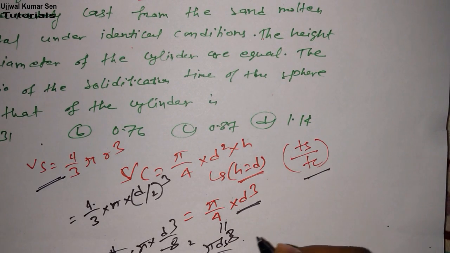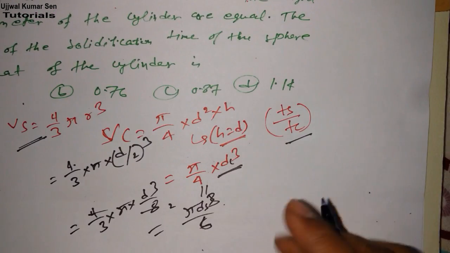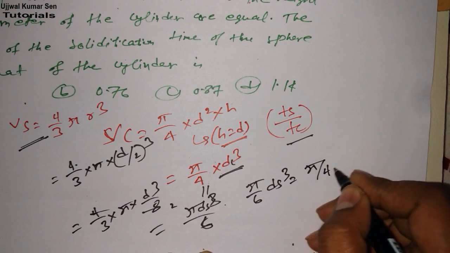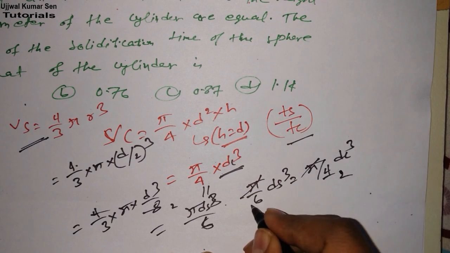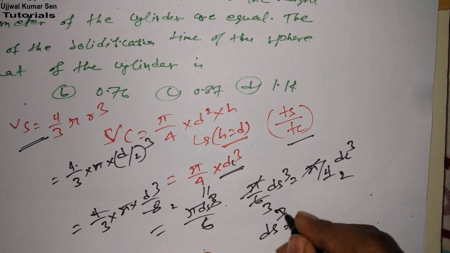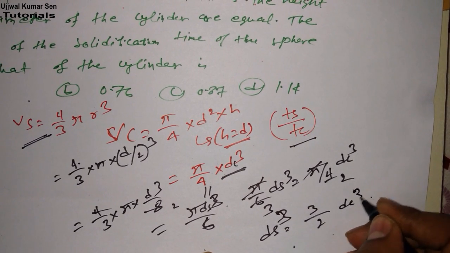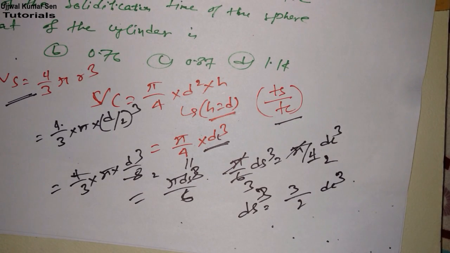Now this d is for sphere, this d is for cylinder, that we have to denote. So we can write pi by 6 ds cube is equal to pi by 4 dc cube. Pi gets cancelled, 2 2 is the 4, 2 3 is the 6. So ds cube is equal to 3 by 2 dc cube, because I'm sending this 3 to that side. Because of the rule of the cross multiplication, we can write that.